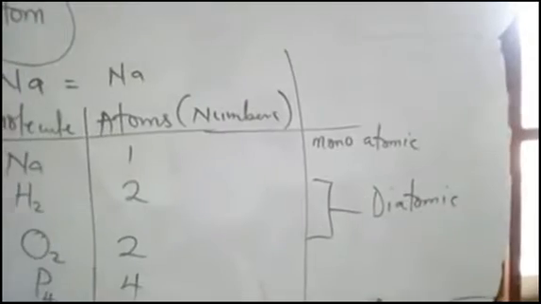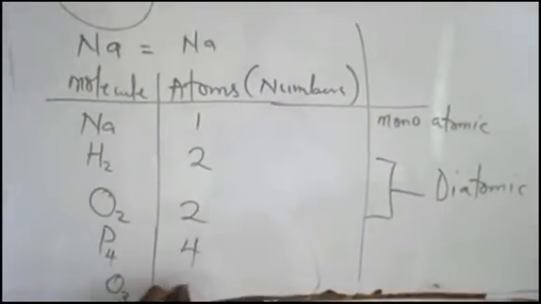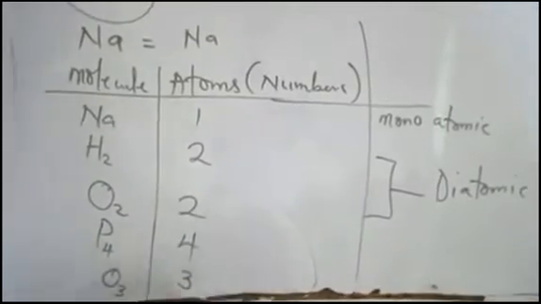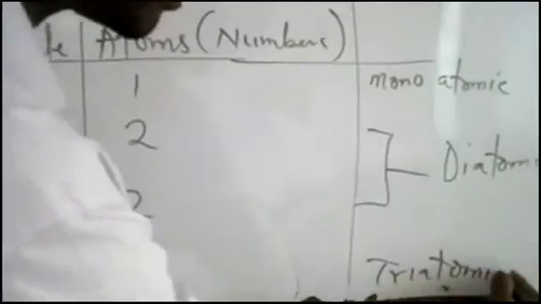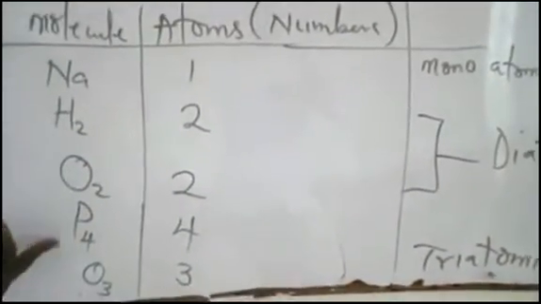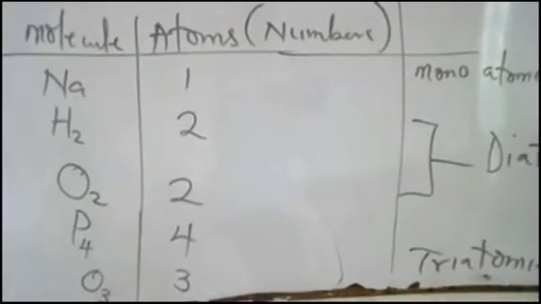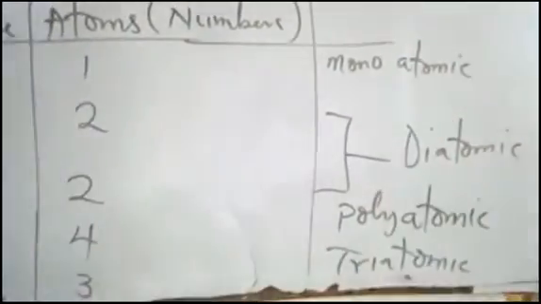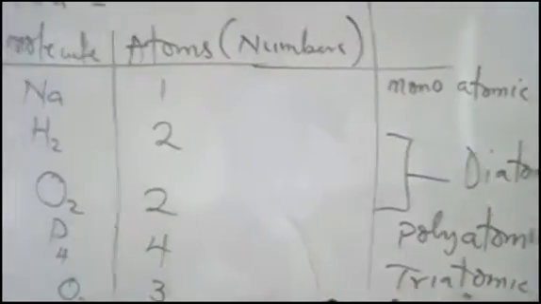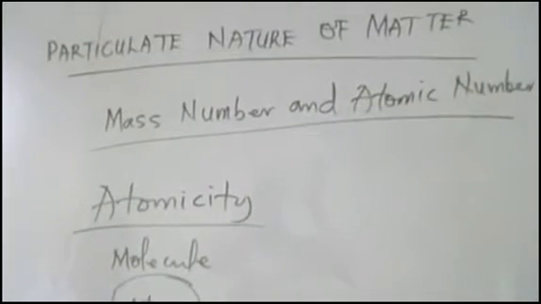If we have 3 atoms, just like in ozone, where we have 3 atoms of oxygen, then we call that a triatomic molecule. And when it is more than 3, like P4, then we call that a polyatomic molecule.